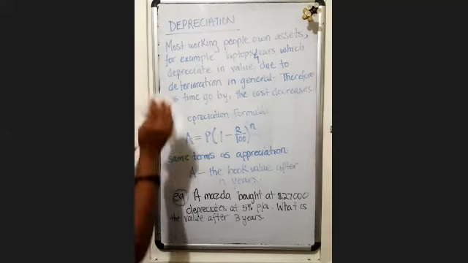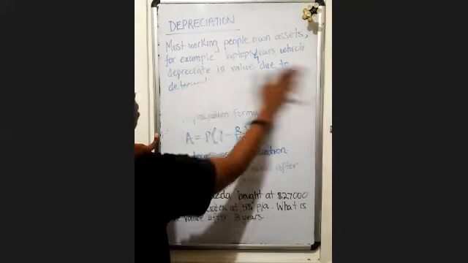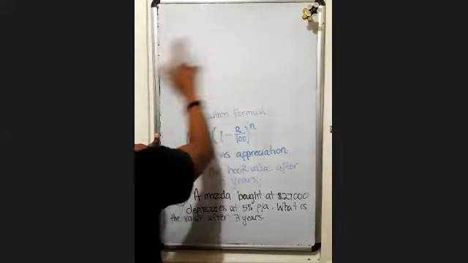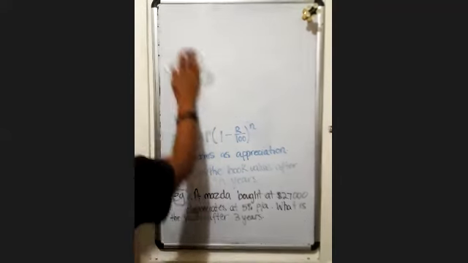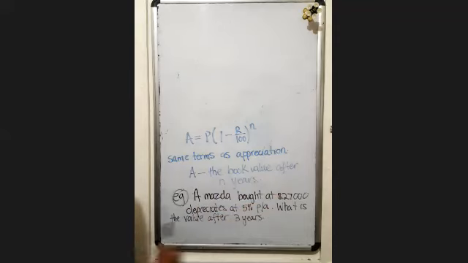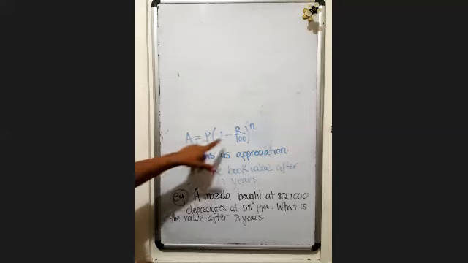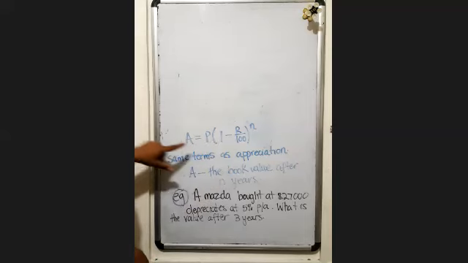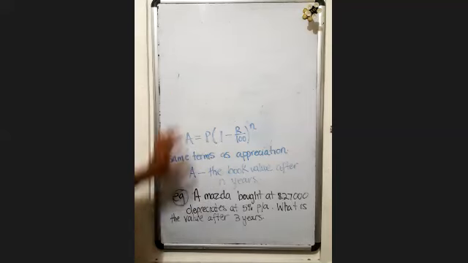Okay, so we have an example. A Mazda bought at $27,000 depreciates at 5% per annum. What is the value after 3 years? So remember, the value is depreciating, not appreciating. So we're going to use the minus formula. So we already have the formula here. Now we can substitute it.